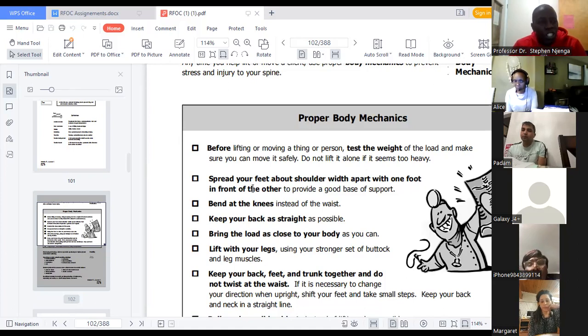This part of the theory we are going to do practically, because we are required by the Department of Health and Social Services to practice 16 hours of skills so that you can understand these things.